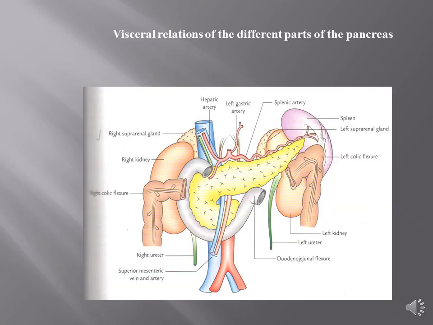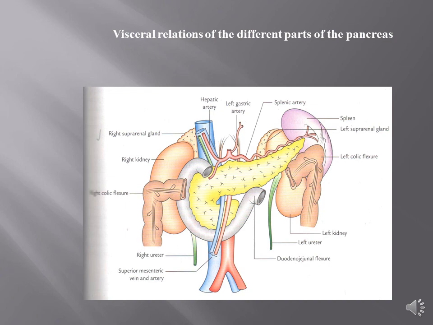So in this diagram, we can see all the relations of pancreas in a nutshell. The yellow colored pancreas can be appreciated, and how it is lying in the duodenum. We can see that the head is related with the different parts of the duodenum, and it is also related to the gastroduodenal artery, which we can see arising from the celiac trunk. The bile duct is a posterior relation of the head of pancreas.